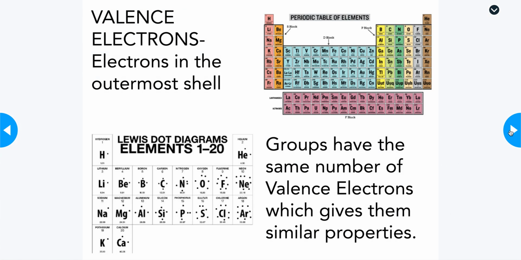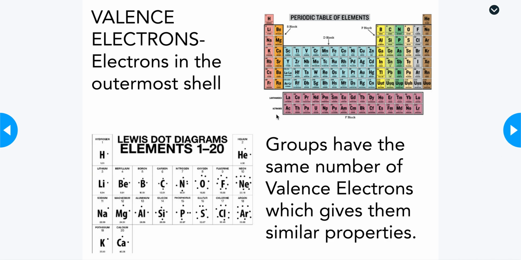All right, so now let's talk about those vertical columns. We defined this term earlier, but this is super important, and this is actually going to guide us through the rest of our discussion about chemistry, really for the entire semester. And that is valence electrons. And remember, these are the electrons in the outermost shell.